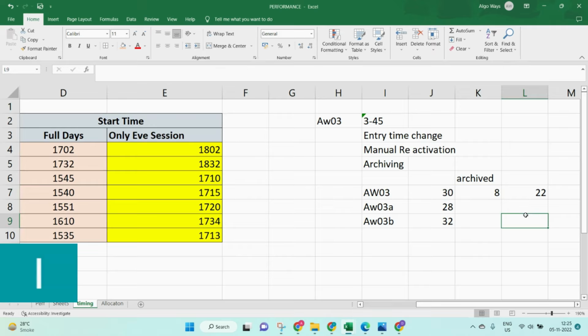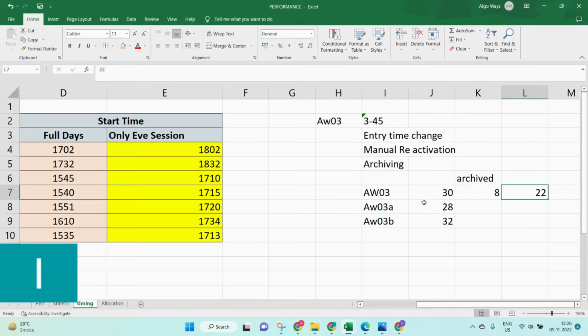Now when a new deployer comes, he can see how many live deployments there are. As per my advice, he will see that AW03 has only 22 deployments, so he should deploy on this because the deployments are less and the slippage will be less. So he or somebody else will deploy.